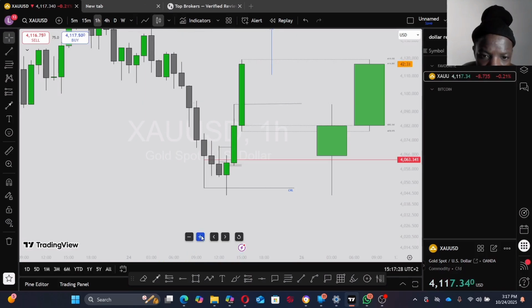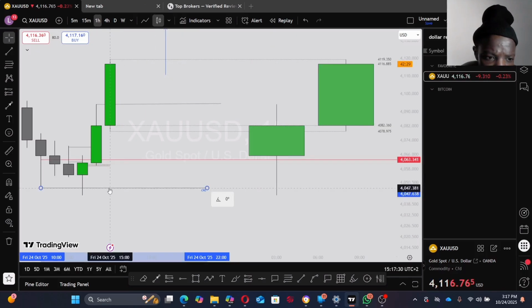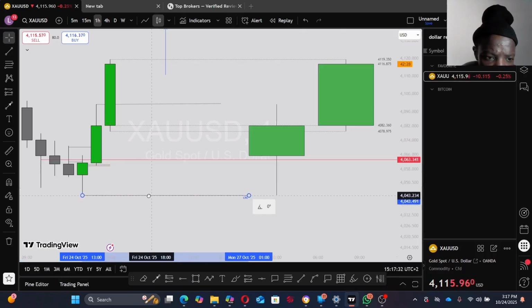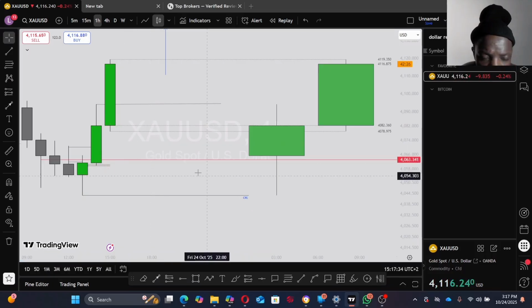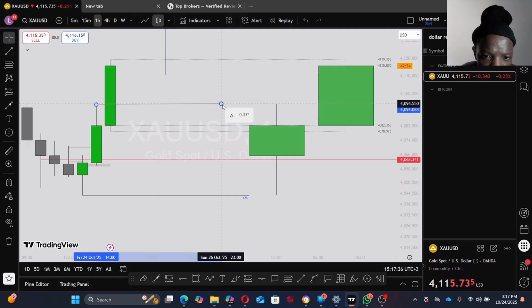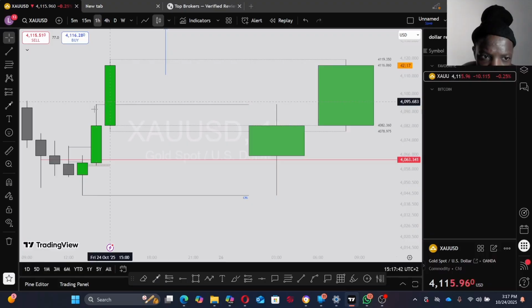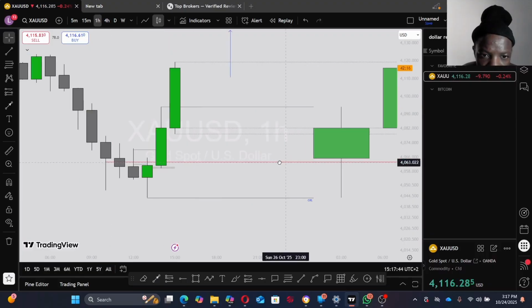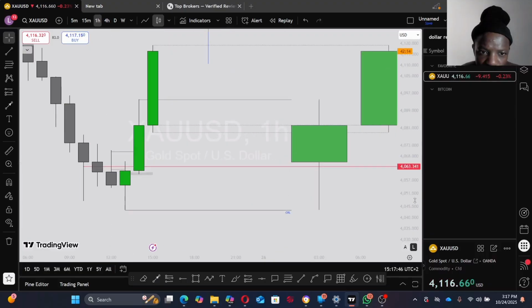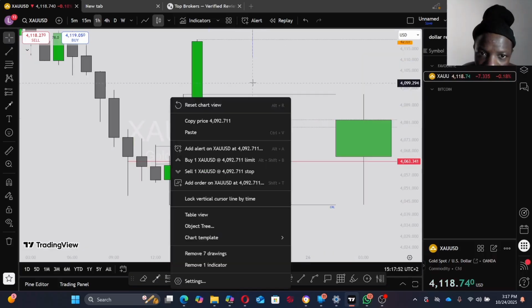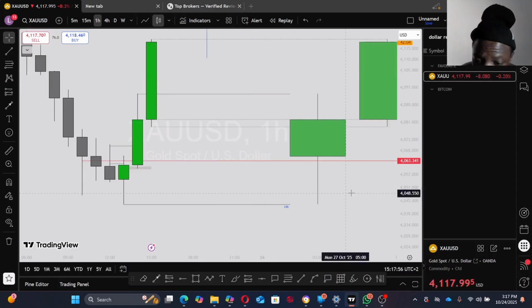So our new range will be from this low to this high, depending on how the market closes. So let's see how the market closes, and we'll look for those further opportunities.